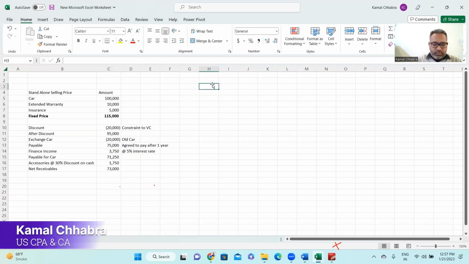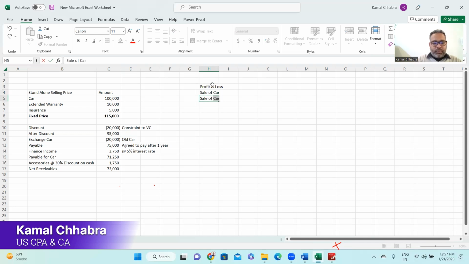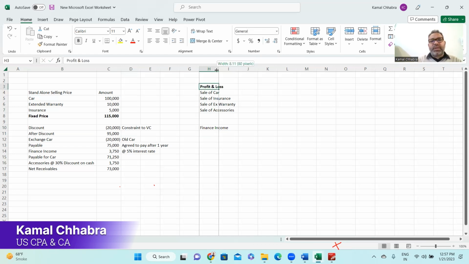So in your profit and loss, we'll say sale of car separately, sale of insurance separately, sale of extended warranty separately, sale of accessories separately, and finance income separately. So in your profit and loss account, this all would be separate line items.